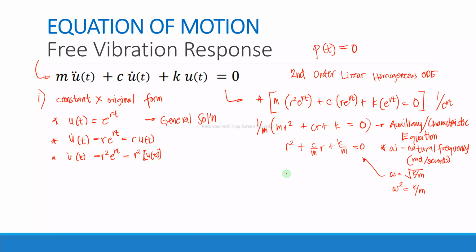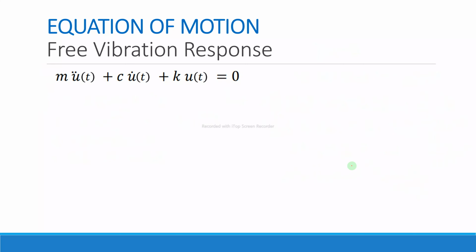So let's rewrite the auxiliary equation: r squared plus c over m r plus omega squared is equal to 0. Okay, I am just rewriting the auxiliary equation here. We have r squared plus c over m r plus omega squared is equal to 0.